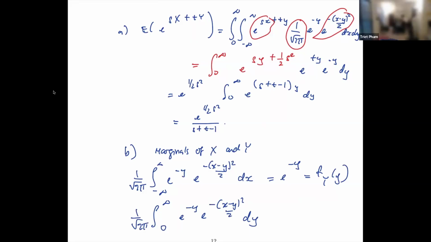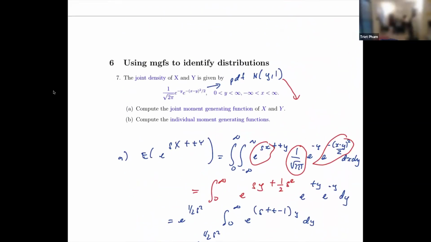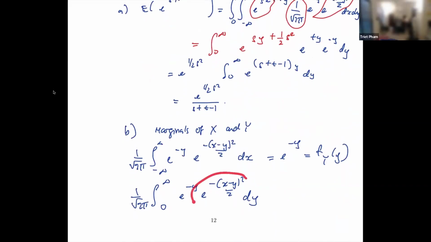What can we do here? Remember the theme is recognizing the MGF. Because this is the normal, this is the PDF of the normal.